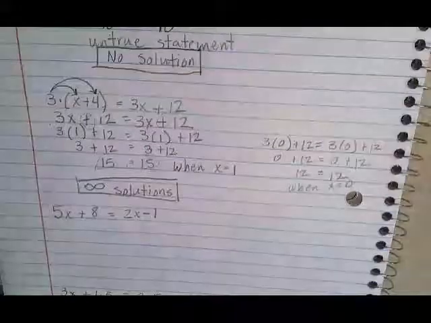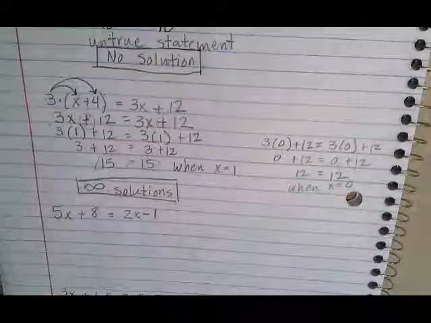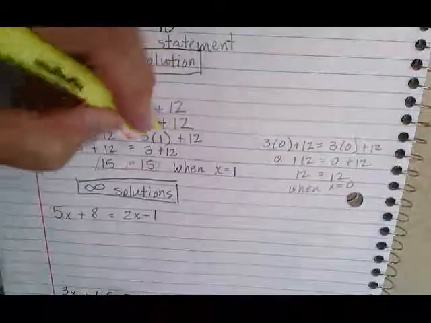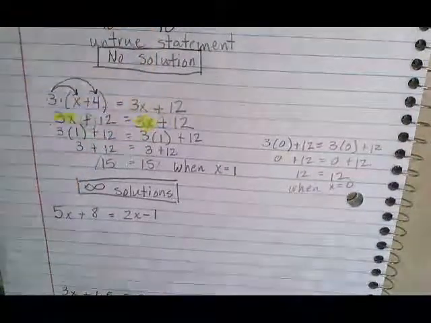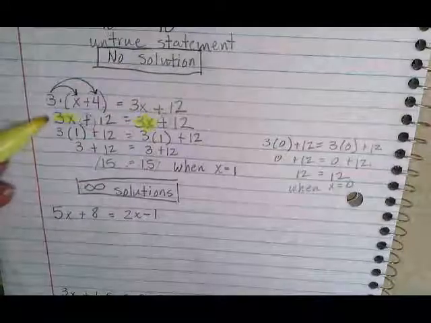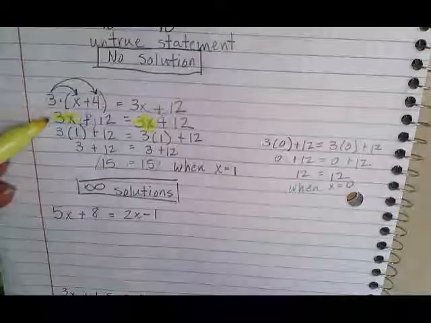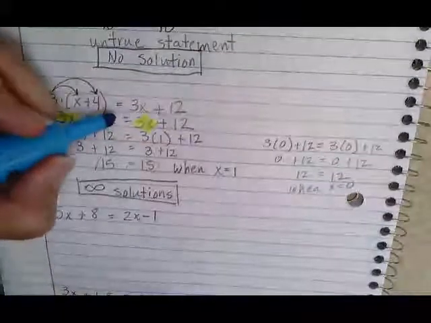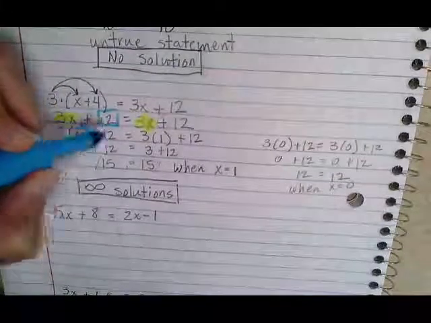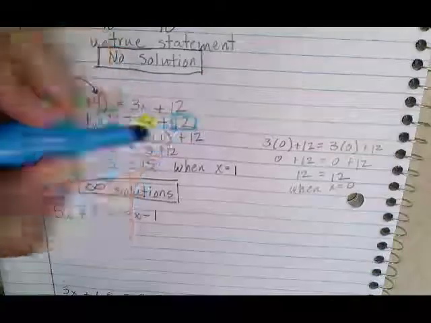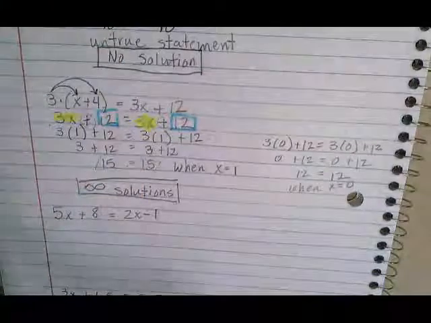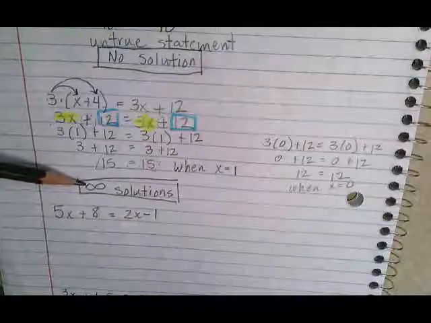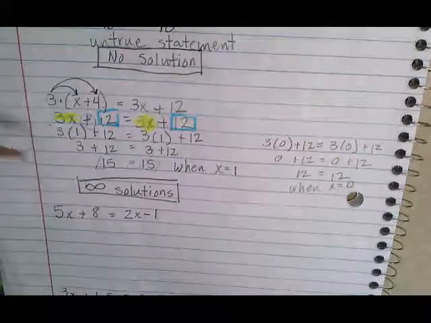And a couple of things to notice here. My x values are exactly the same. When I have x values that are exactly the same, and I also have my constants, the numbers, that are exactly the same, at this point I know that I'm going to have an infinite number of solutions.